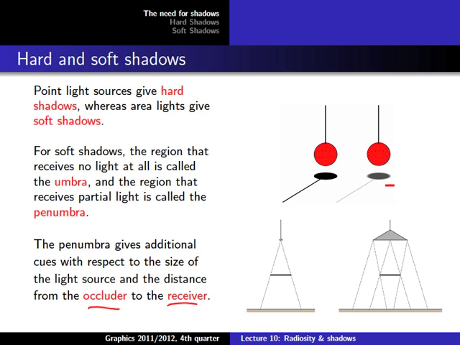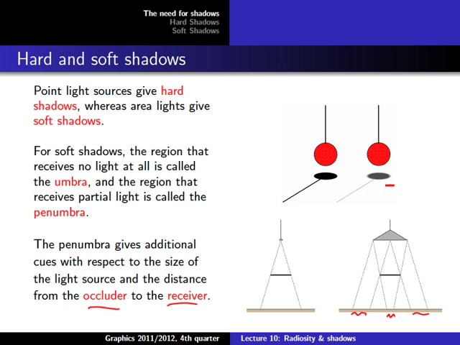And then you see here that you have an area where the occluder occludes all light from that light source. But then we have an area here where the occluder doesn't occlude any light at all. But also we have an intermediate area where some of the light comes in and some of the light doesn't. And this amount of light that hits the receiver increases the more we move away from the occluder, which is why we have this smooth transition and not the hard transition that we have with the hard shadows.